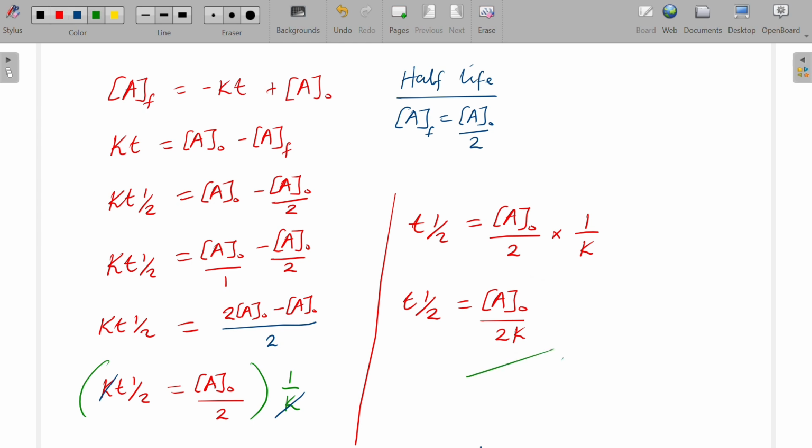So this is the half-life formula for a zero-order chemical reaction. So this is how we derive it.